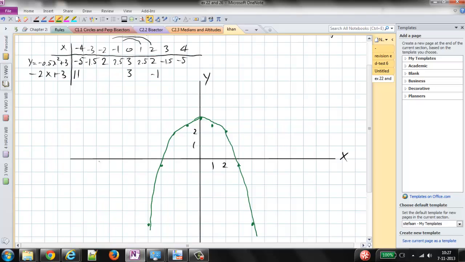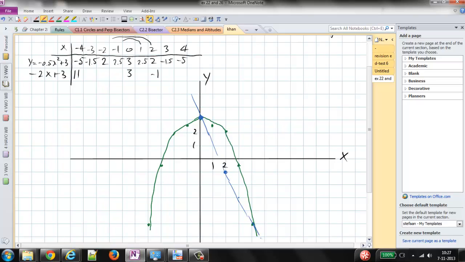Then the line is going to be 0, 3. I'm doing this one in blue, so that will be 0, 3. And the other one is 2, minus 1. 2, minus 1 is here. Is that right? Yeah. So now I'm going to draw this line, and so that should go there and there. I don't have a straight edge for this.